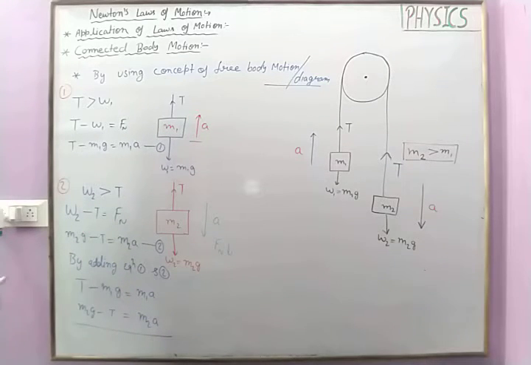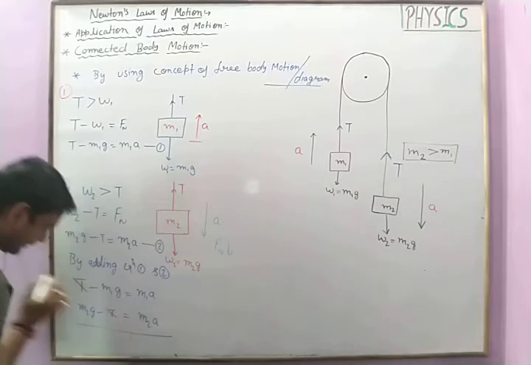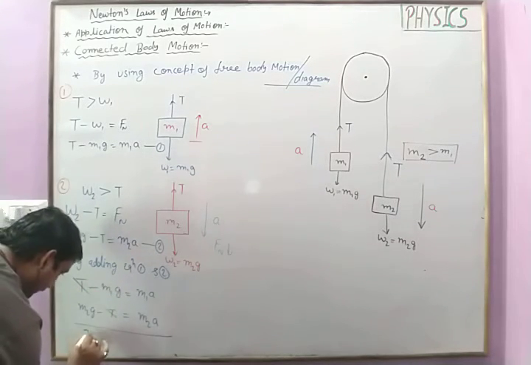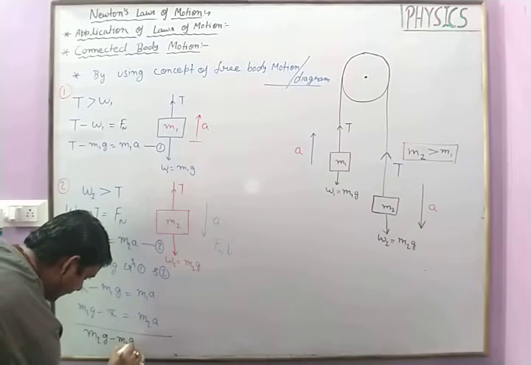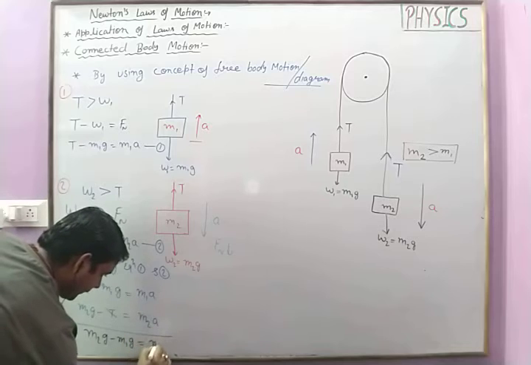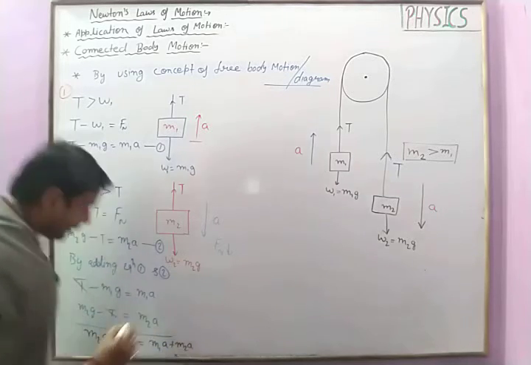By adding both equations, we get the tension positive and here negative is cancelled, and m2g minus m1g is equal to m1a plus m2a.